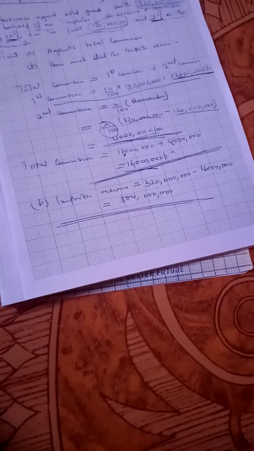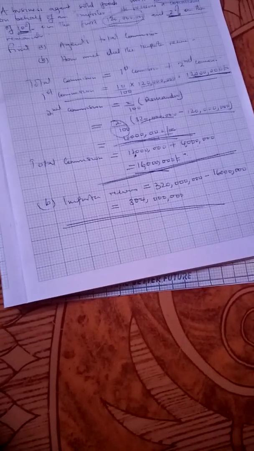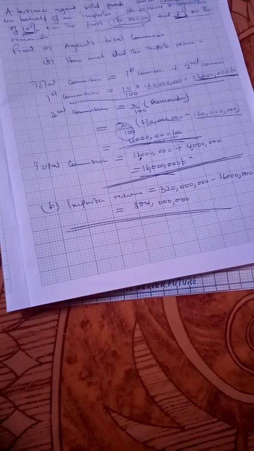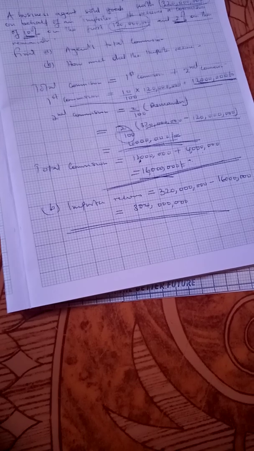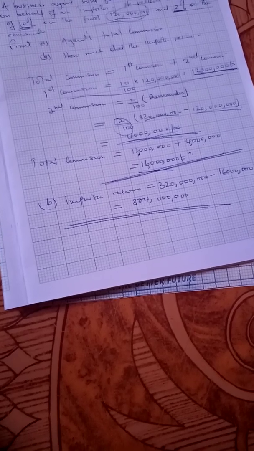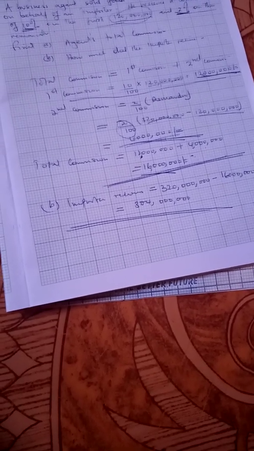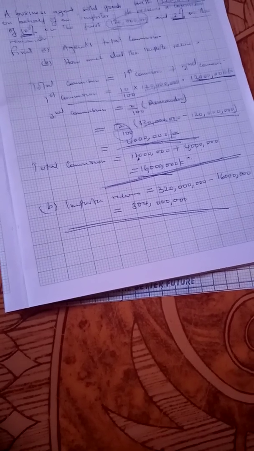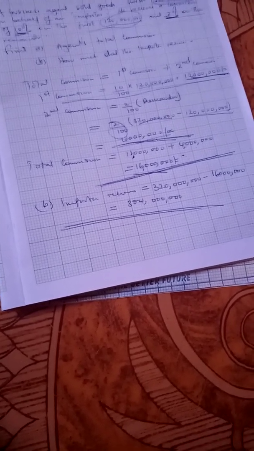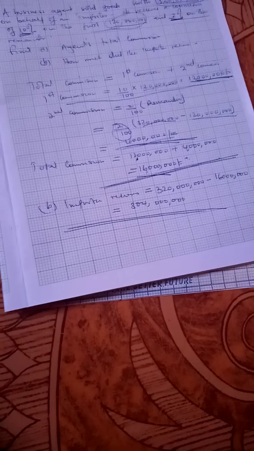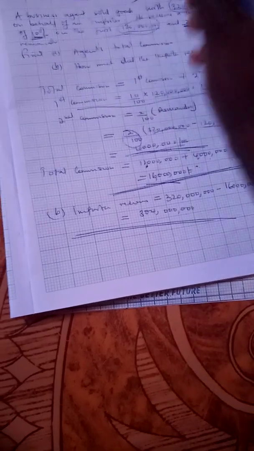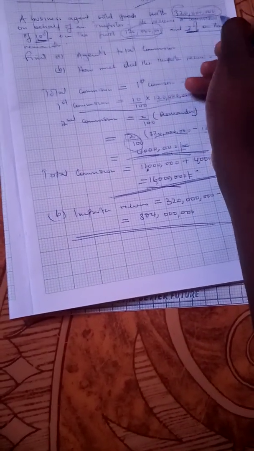Then B is how much did the importer receive? Remember, the importer receives this money but he has to give the commission to the agent. So when the agent has sold all the goods, they are worth 320 million.